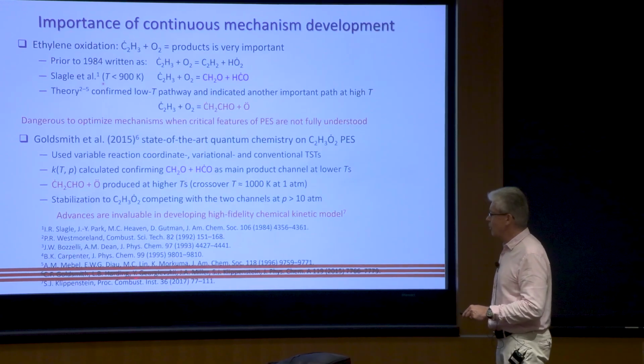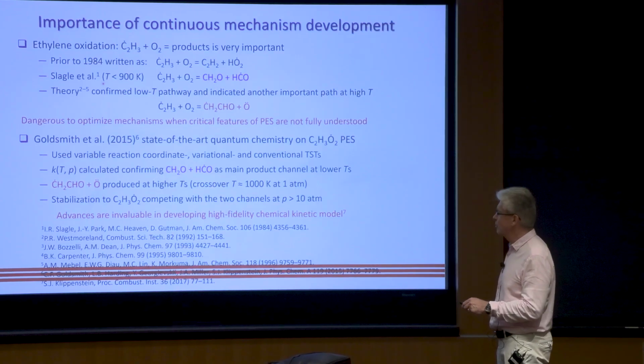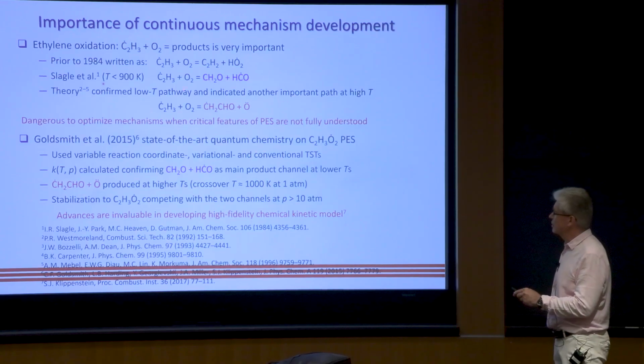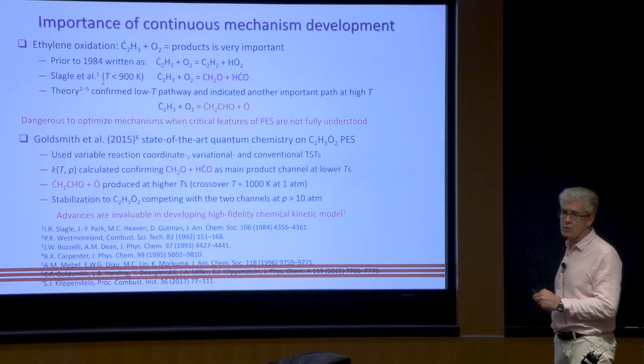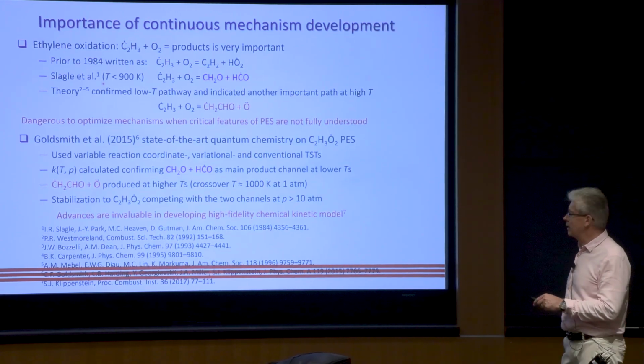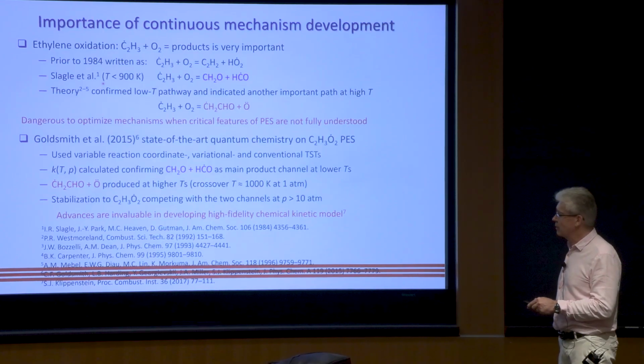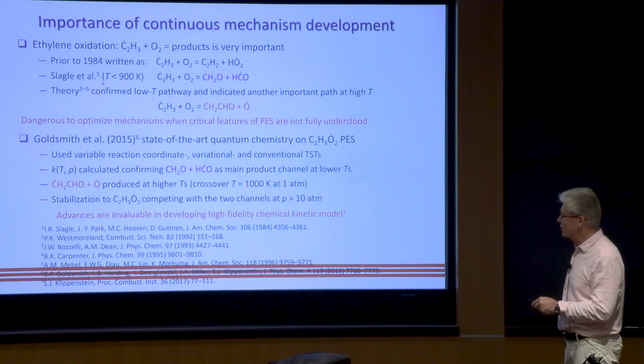Franklin Goldsmith, working with Stephen Klippenstein and others at Argonne National Laboratory, did state-of-the-art quantum chemistry calculations on the vinyl plus O2 system. And they calculated rate constants as a function of temperature and pressure, confirming the low temperature formaldehyde plus HCO route and also the vinoxy plus O route, with a crossover temperature about 1,000 Kelvin at 1 atmosphere.